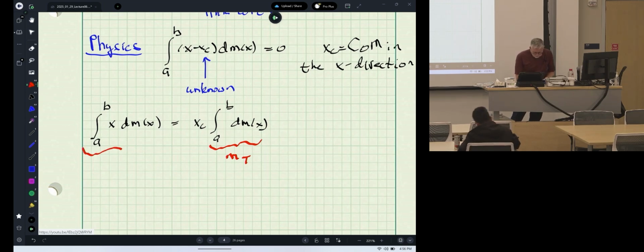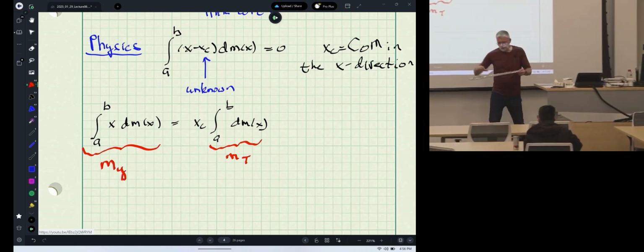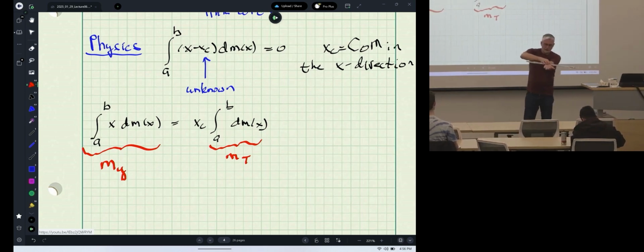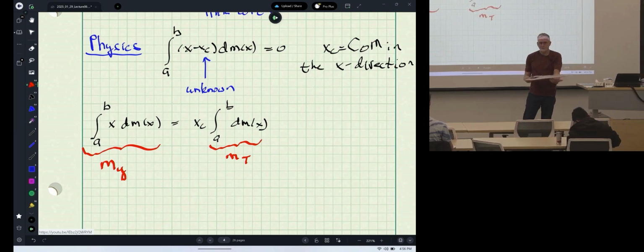And this thing has a name. It's the moment about the y-axis. Once again, we're moving in x, and the axis about which this is rotating is the y-axis, so it's called My.